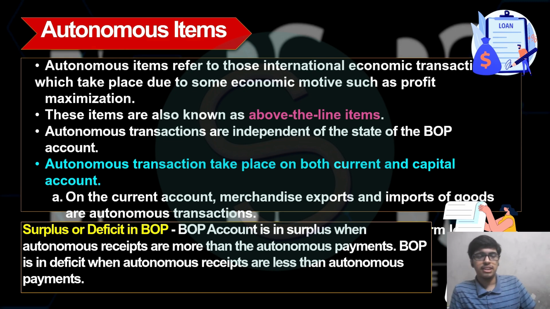Number one, as I've said, autonomous items. What are autonomous items? Do you have any idea regarding this? Autonomous items refer to those international economic transactions which take place due to some economic motive, such as profit maximization, transactions which take place just for profit maximization.